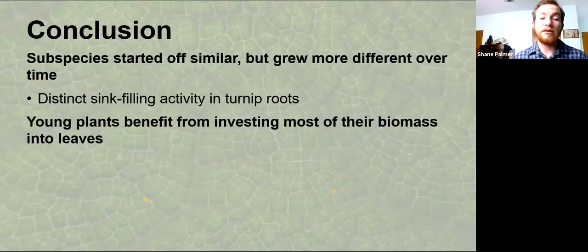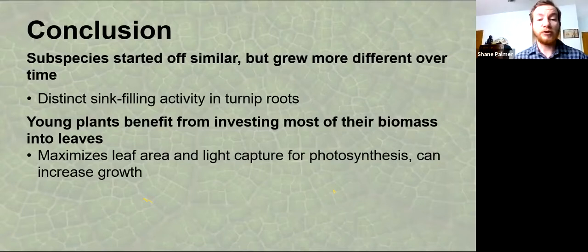And what we can infer from the specific leaf area decreasing over time, and from the biomass per unit leaf area, is that these young plants are investing most of their biomass early on into creating leaves. That suggests it matters to them to put out a whole lot of leaves as early as they can, because that's how they're going to get their light. And that light is how they are going to grow. And that sets the stage for them later on.